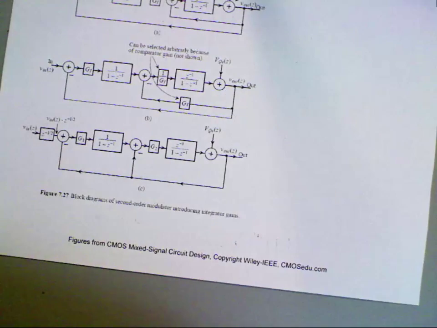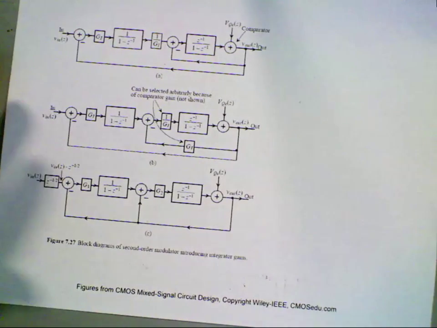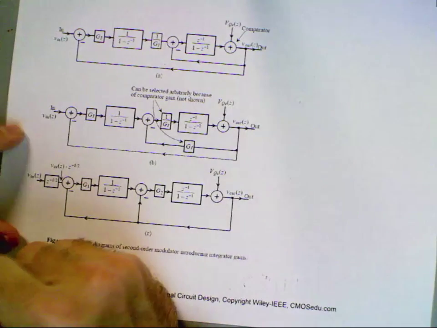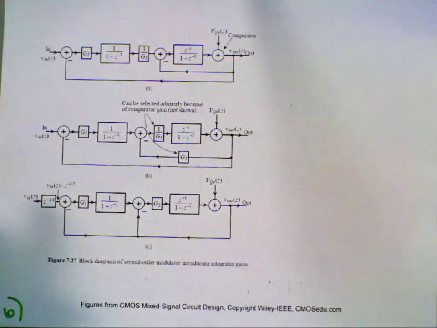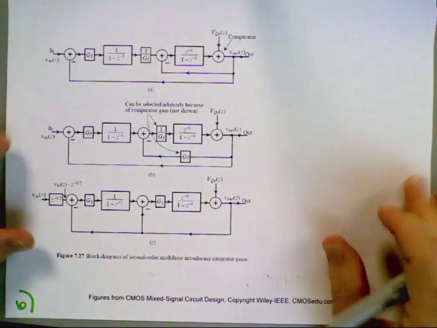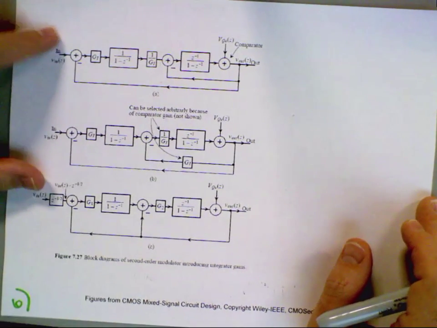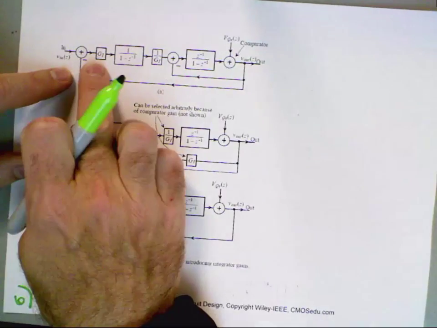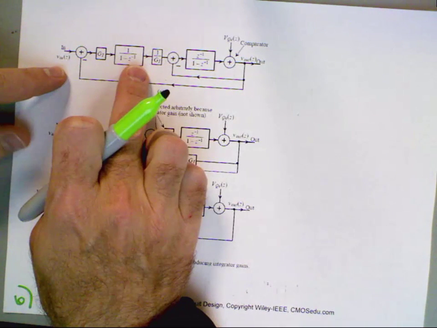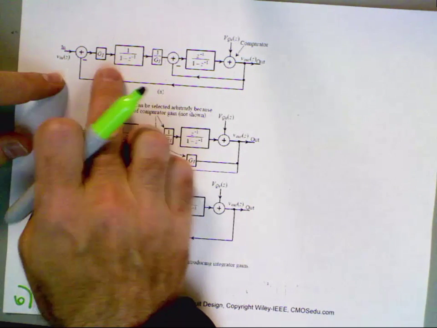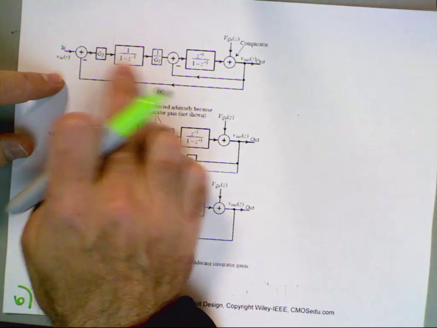All right, so I want to briefly talk about the gains, and this is figure 727. What I'm going to do here is throw some gains together. So I'm going to add a GI here for the gain of the integrator.